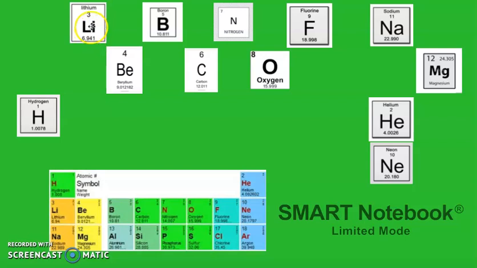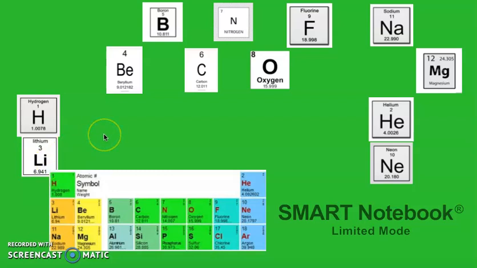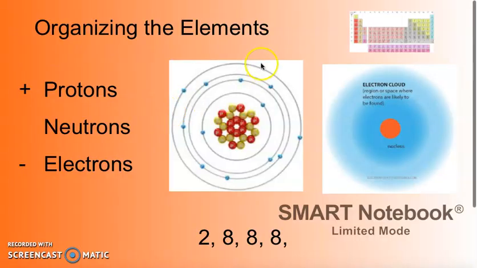They also noticed that lithium acted a lot like hydrogen did, that it interacted with a lot of stuff. So the reason they interact with a lot of stuff is their outer electron shells are not full. If we go back to this, we were talking about the outer electron shells. If they have 8, or if they have 2 in the first case, then they're not going to want to react with anything else.